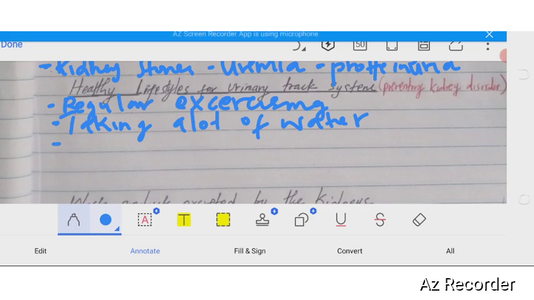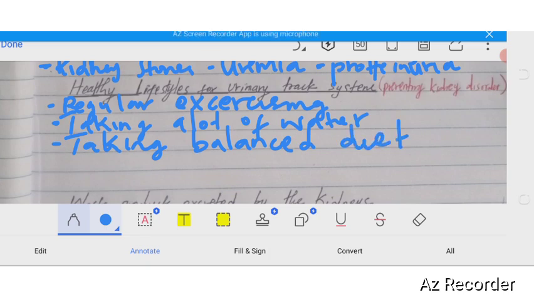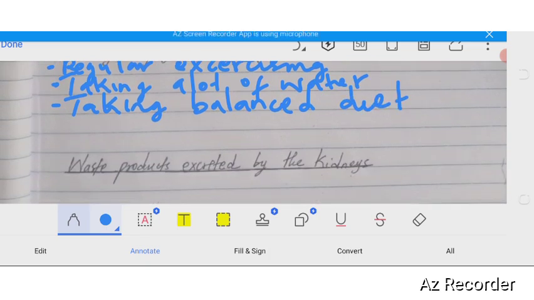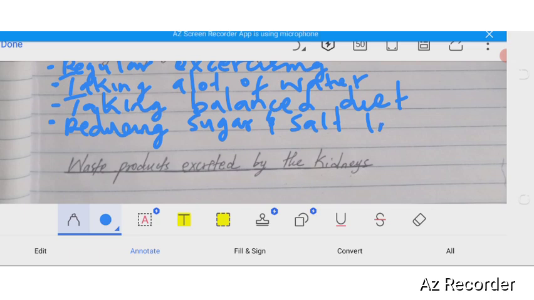Then we have taking a balanced diet. Another one, reducing sugar and salt intake.